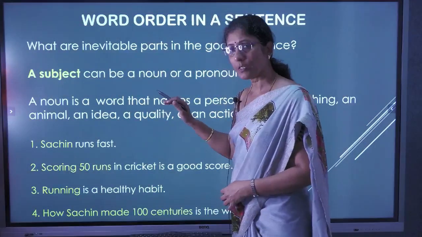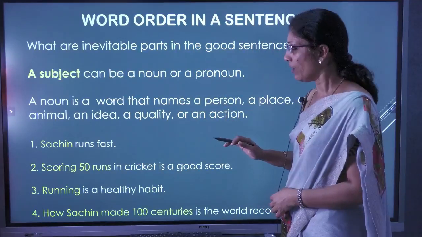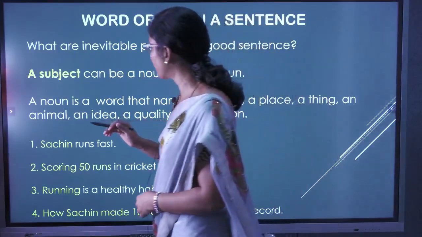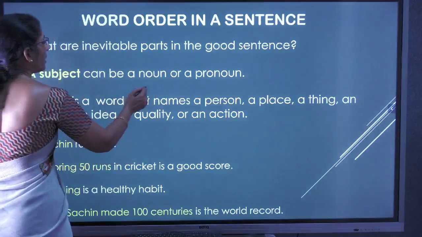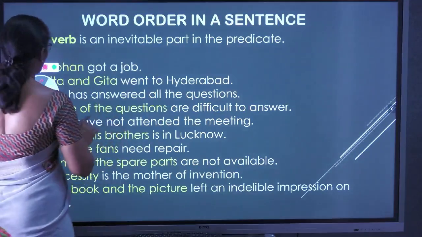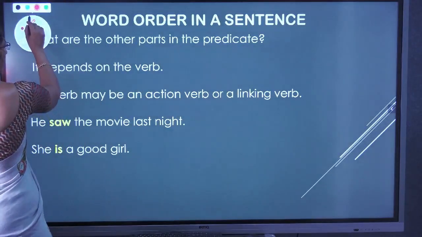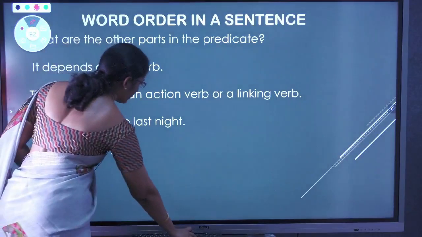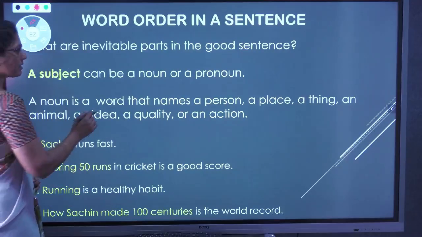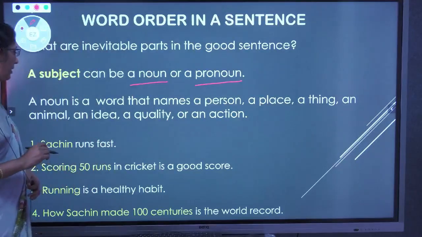So as we know that subject is a compulsory part of a sentence, what can be in place of subjects? In place of subject, a noun can be there, or a pronoun can be there.